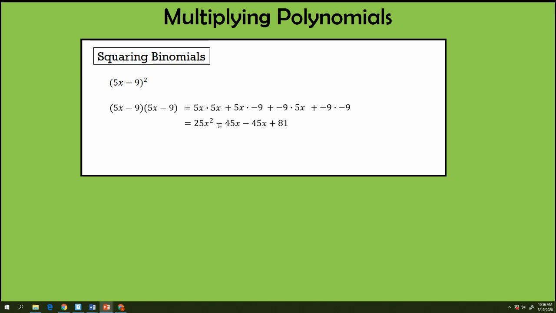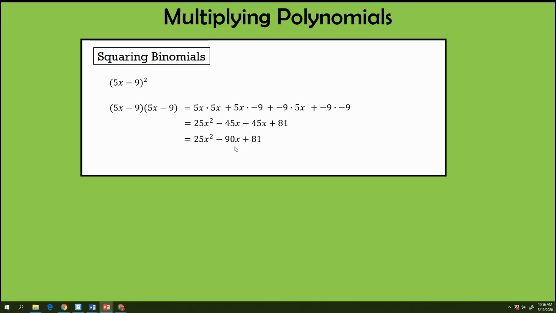I get 25x squared minus 45x, and then I wrote minus 45x, and then plus 81. Now your two like terms here in the middle, negative 45 and negative 45, give us negative 90. So our simplified answer is 25x squared minus 90x plus 81.